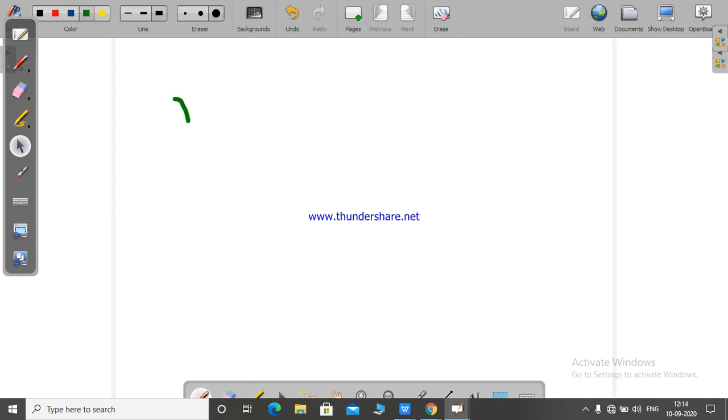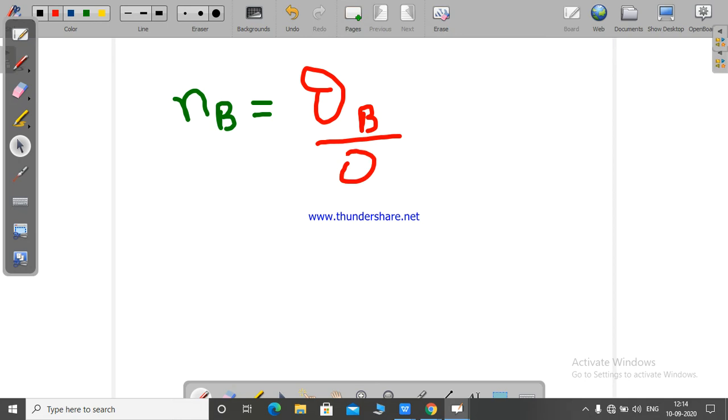Here n suffix b is the number of pulses, that is the number of echoes received by the receiver antenna, theta b divided by theta s into f suffix p, where f suffix p is the pulse repetition frequency. Theta b is the antenna beam width.